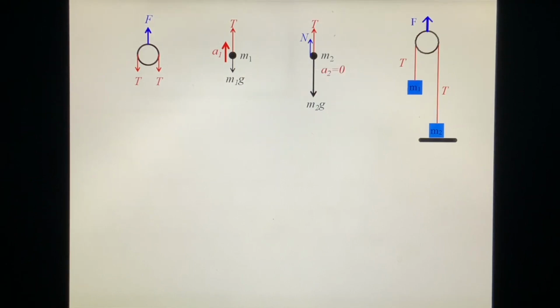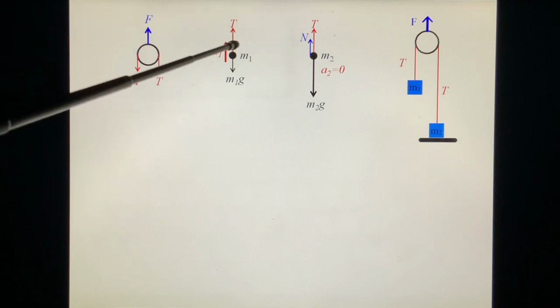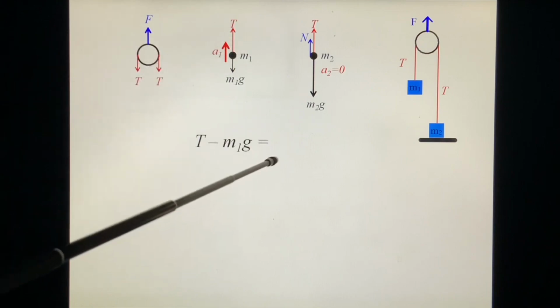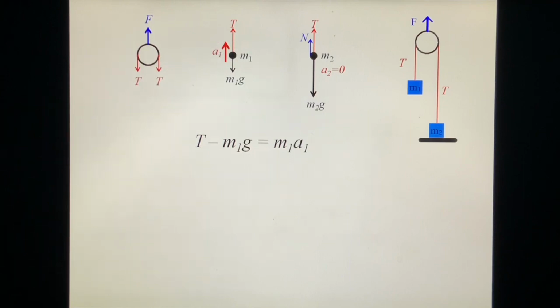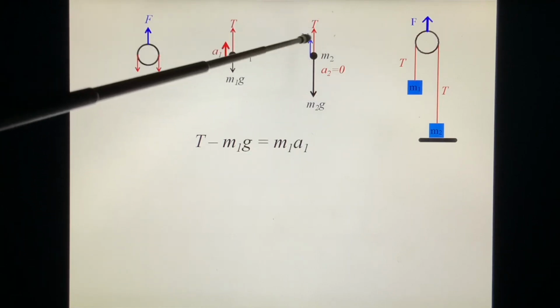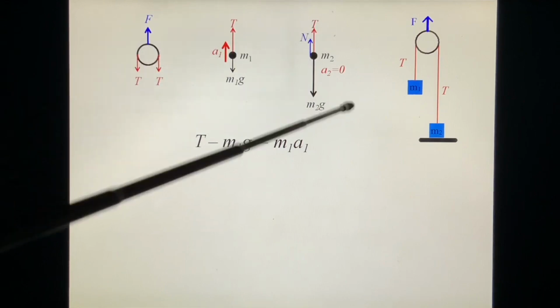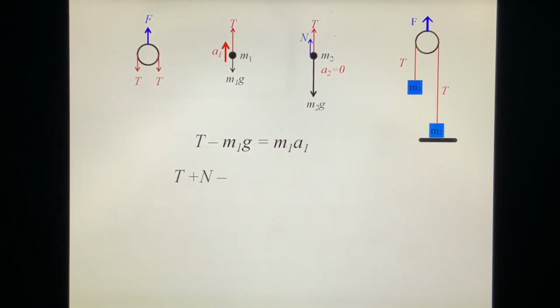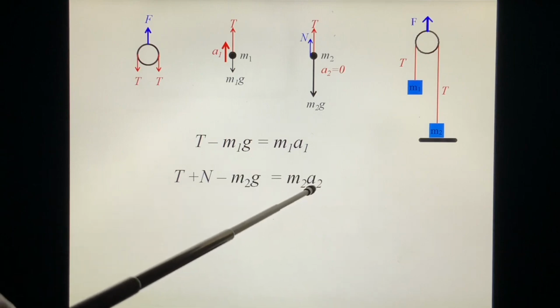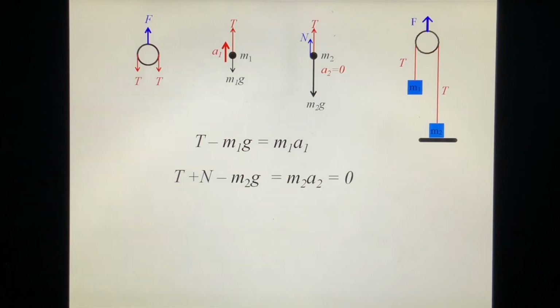Now we write this equation from this one: T minus m1g equal to m1·a1. Look at this one: T plus N minus m2g equal to 0. Why? Because this is at rest on the ground.